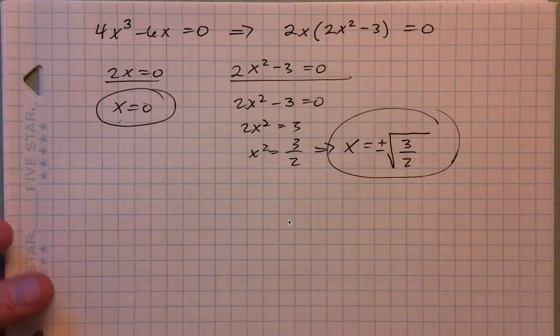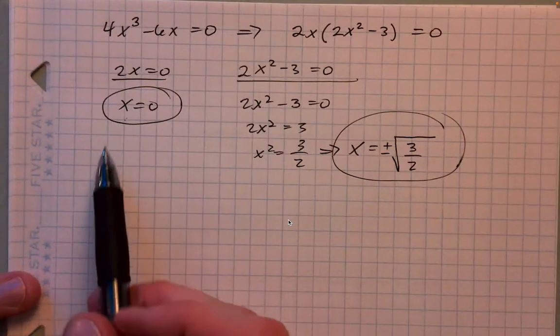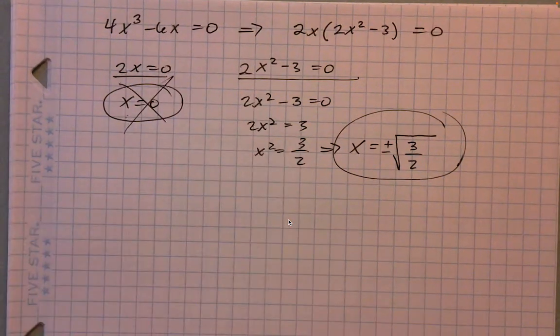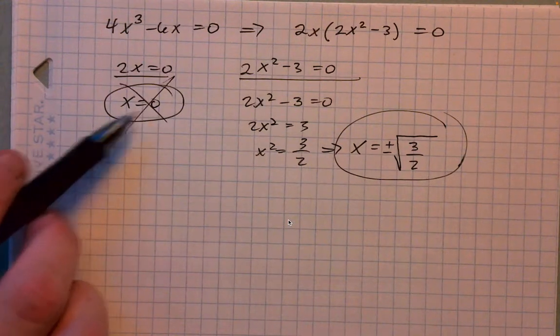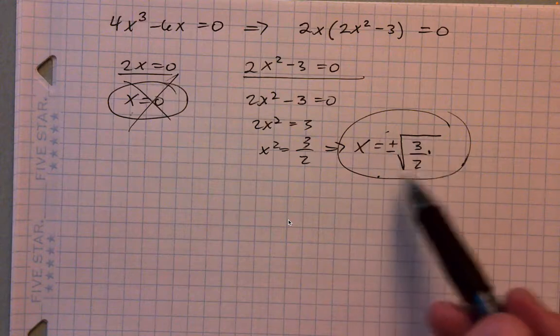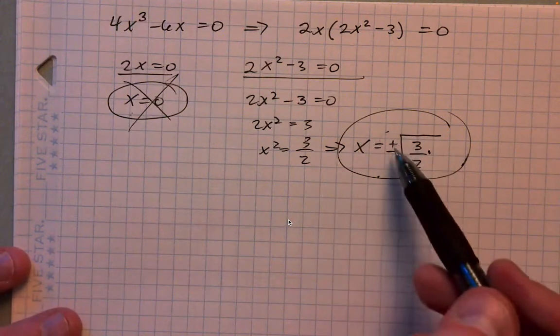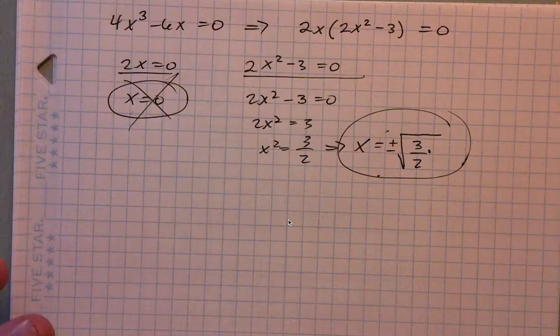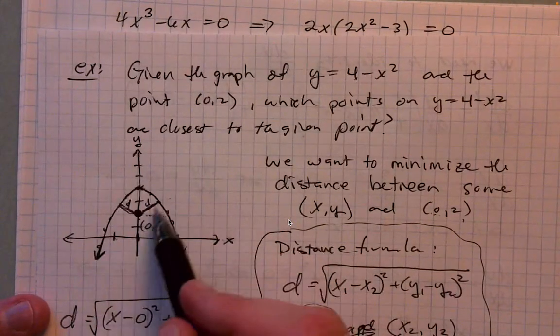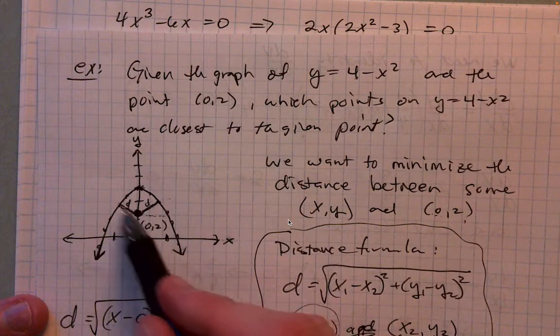And so if you graph this thing properly, you'll notice that this one is not a minimum. These two, however, are minimums, right? These are our minimums, and because of the symmetry in the graph, they're both going to produce the same distance.